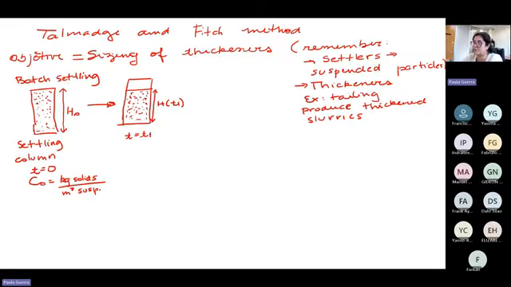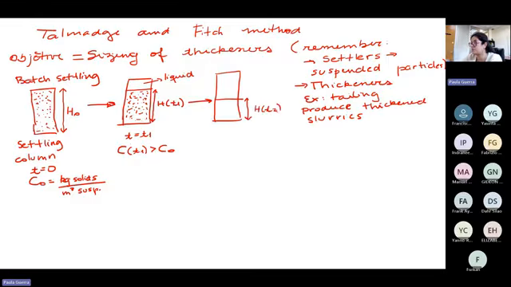Since we're settling, we now have a C at T1 that's higher than C0, and at the top it's just liquid. If we keep moving, this is going to settle even more. We'll have another height at T2, where particles are even more concentrated, and at the bottom I'm going to have solid that is highly more concentrated, or compacted.